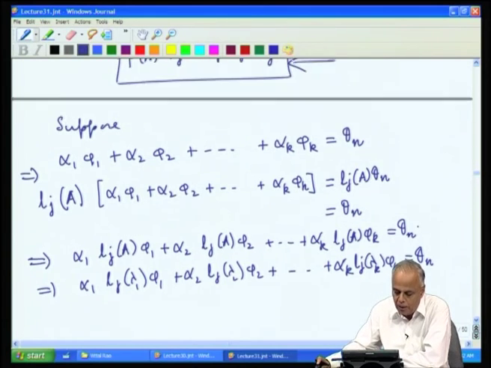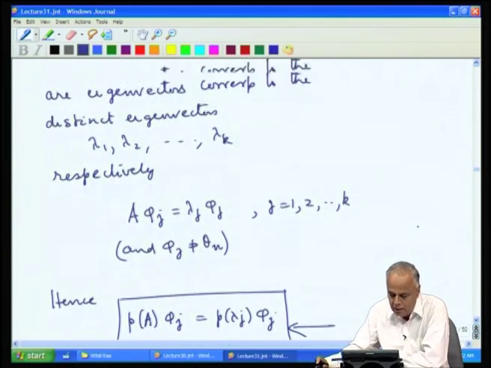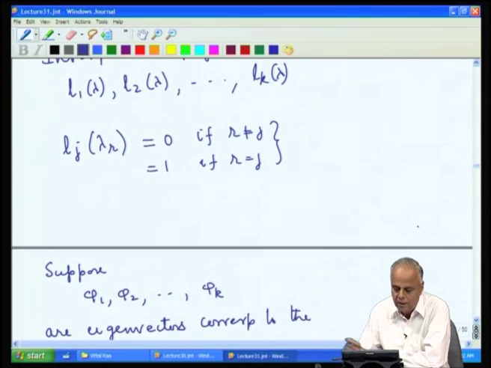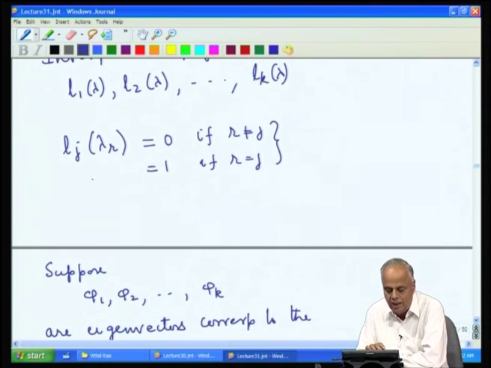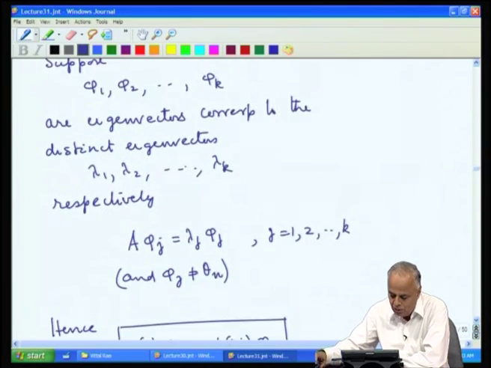Now, what is the property of these Lj's? The Lj's are such that they light up only at lambda j, and at lambda 1, lambda 2, up to lambda j minus 1 they take the value 0.